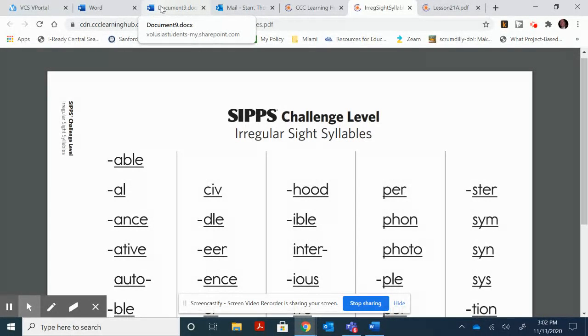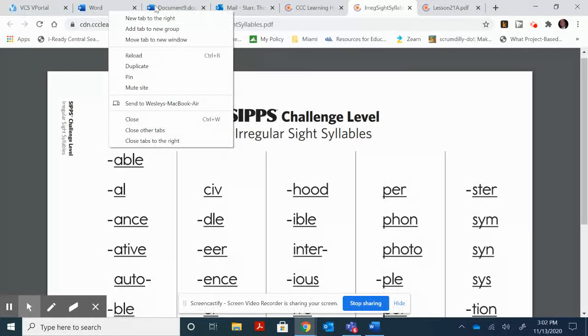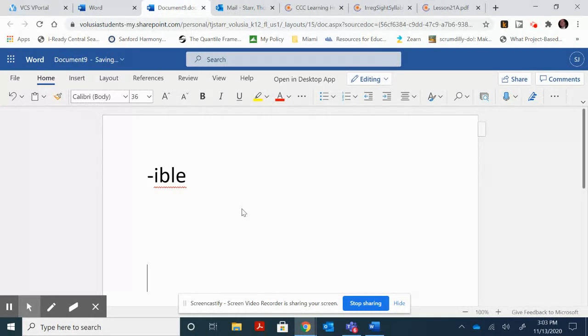Okay, the next part of the lesson, I'll flip back to my document. Next part of the lesson, we go through transformations. And the students have been doing something similar to this throughout the year.